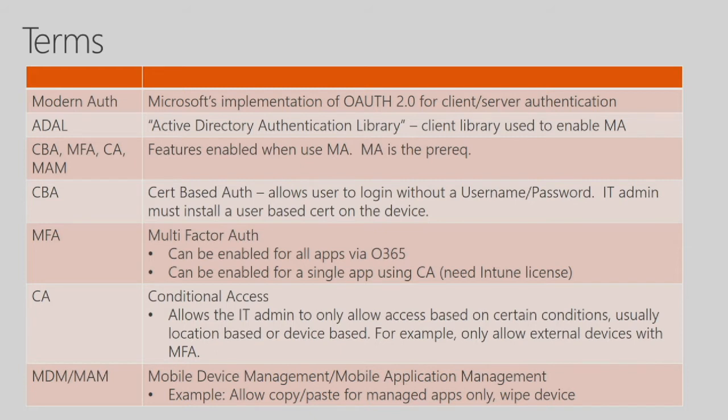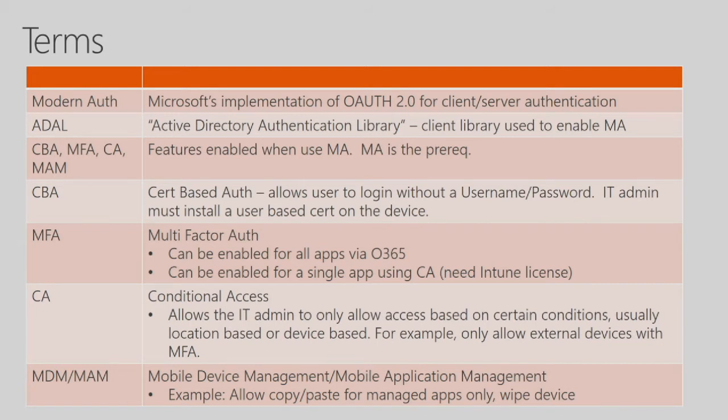And then lastly, MAM, mobile application management. This allows you to manage the application on the mobile device instead of the entire device. More and more companies are going towards that because end users don't like it otherwise. If I bring my own device to my company, I don't really want my IT department to control my entire device, but you can control the corporate application that's on the device.